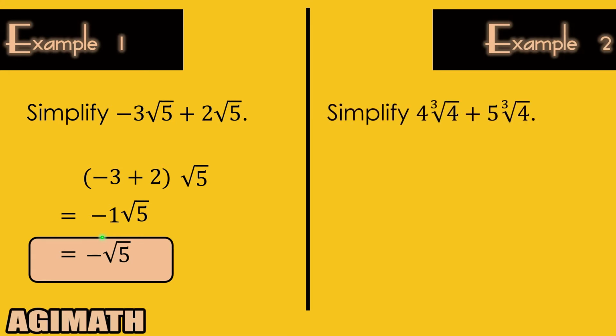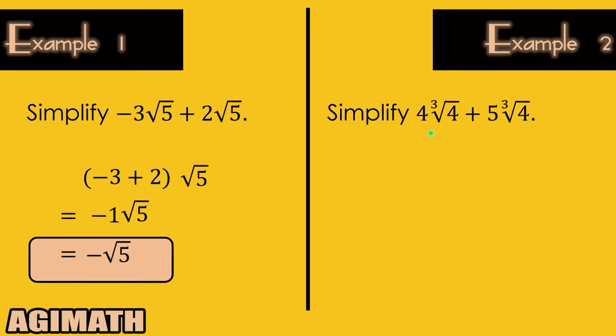Another example, simplify 4 times the cube root of 4 plus 5 times the cube root of 4. Now we analyze the problem, and it's very clear that they are similar radicals. The indices are the same, 3 and 3. Radicand is 4.